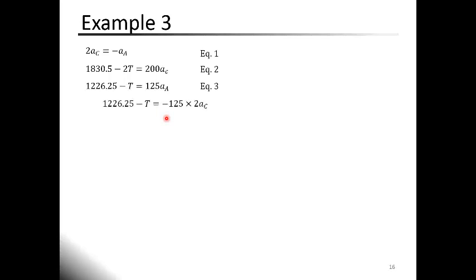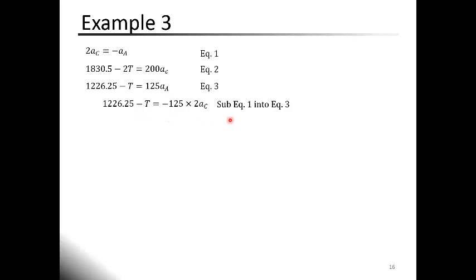If we consider the last equation, equation number 3, if we substitute equation 1 into equation 3, we'll take the acceleration AA as negative 2AC, and then plug it into this equation. We just replace AA by negative 2AC.